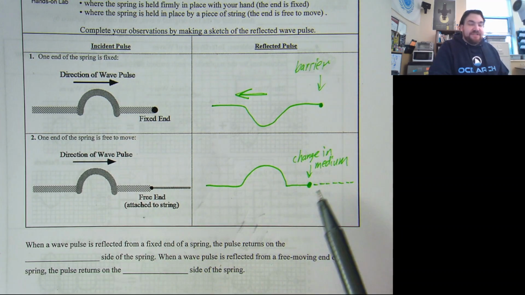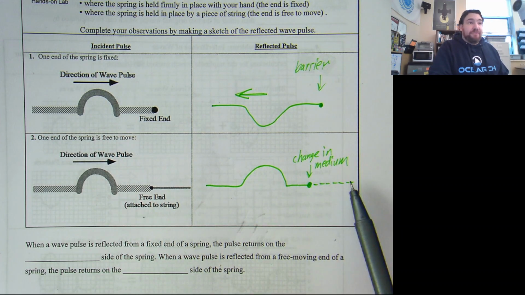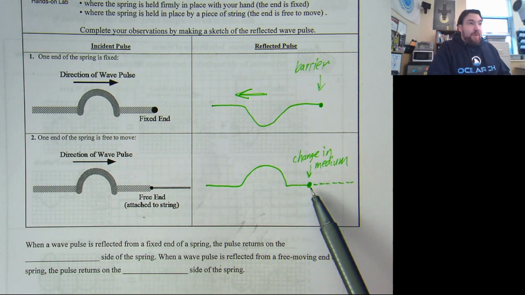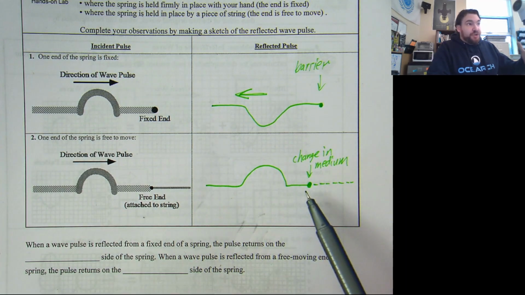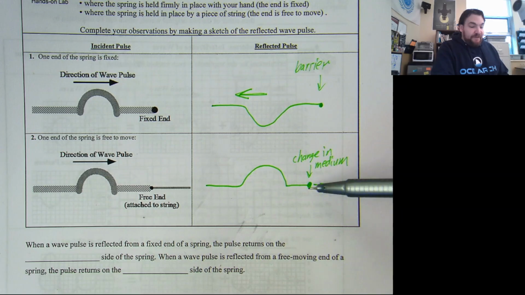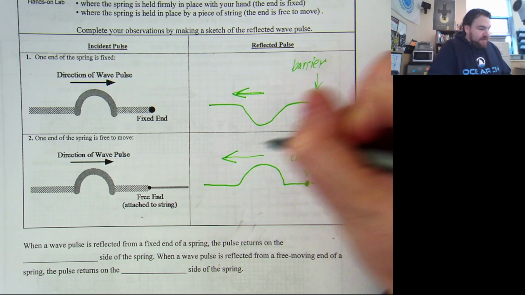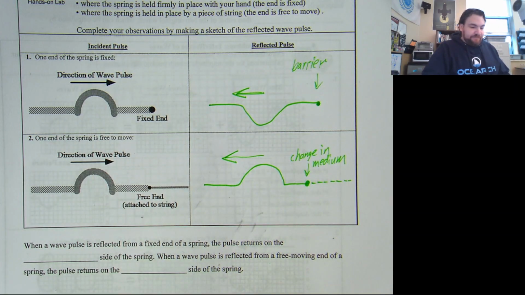When a wave hits a change in medium, some of it went through, like the string did move a little bit, but a large part of the pulse bounced back off of the change in medium, but didn't flip. It came back the same way it went in, which is an interesting effect.